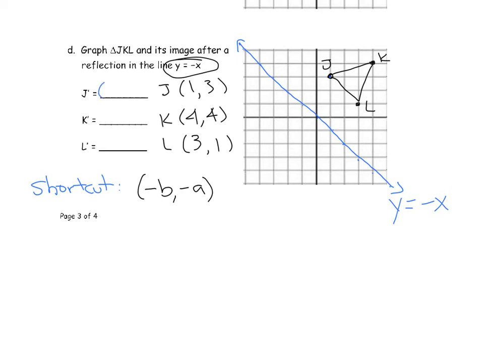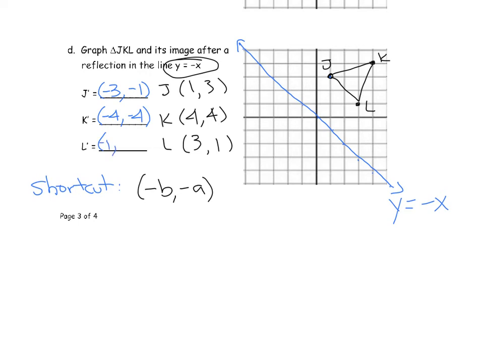If the numbers originally are negative, then they become positive. So my new J prime would be at negative 3, negative 1. So I switched it and made it the opposite. K prime would be, if I switch it, coincidentally it's the same, but it does become negative 4, negative 4. And then L prime, switch it and make it the opposite.